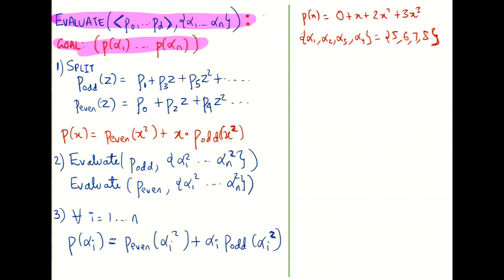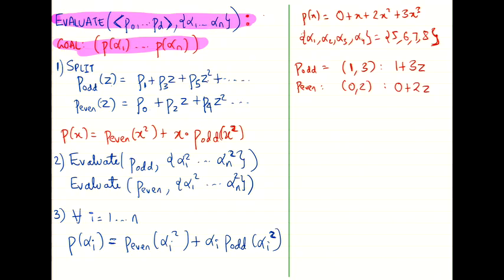Here, let's write down the odd degree coefficients, which are 1 and 3, right? So that corresponds to the polynomial 1 plus 3z. And the even degree coefficients, these are 0 and 2. That corresponds to the polynomial 0 plus 2z.